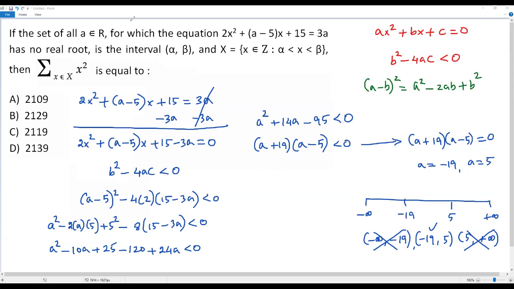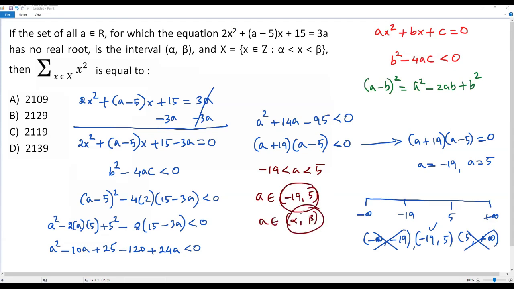That means a takes any real value between negative 19 and positive 5. So it can be written as negative 19 less than a less than positive 5, or we can write this one as a belongs to the interval negative 19 comma 5. But according to the question, when this quadratic equation has no real root and a is a real number, the value of a is in this interval alpha comma beta.